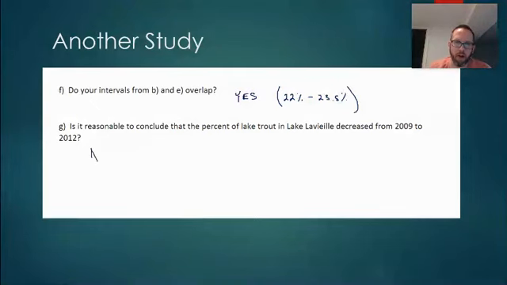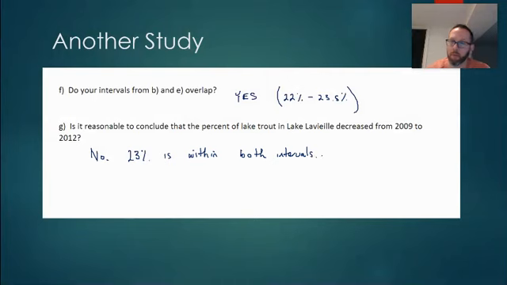So it's actually not reasonable to conclude that the percent of the lake trout population is going down because 23% is within both intervals.